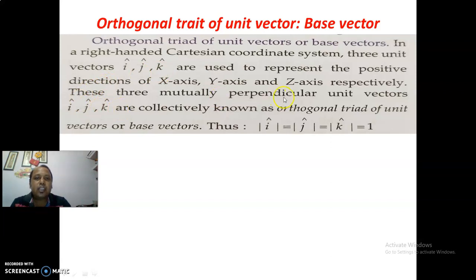These three mutually perpendicular unit vectors i cap, j cap and k cap are collectively known as the orthogonal triad of unit vectors or base vectors. And since they are unit vectors, if we take their modulus, that is the magnitude, it is always 1.